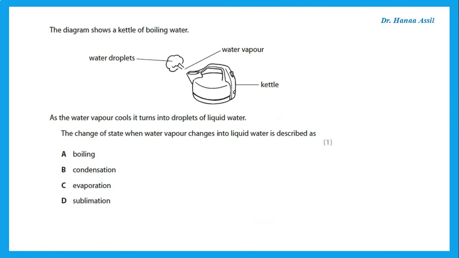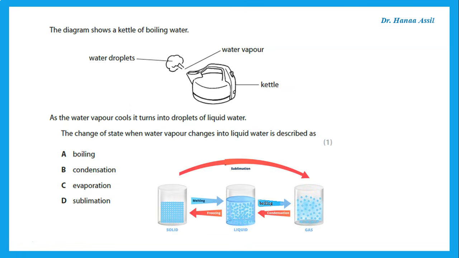The diagram shows a kettle of boiling water. As the water vapor cools, it turns into droplets of liquid water. The change of state when vapor changes into liquid, this is from what? From vapor, from gas to liquid. Can you see from gas to liquid?